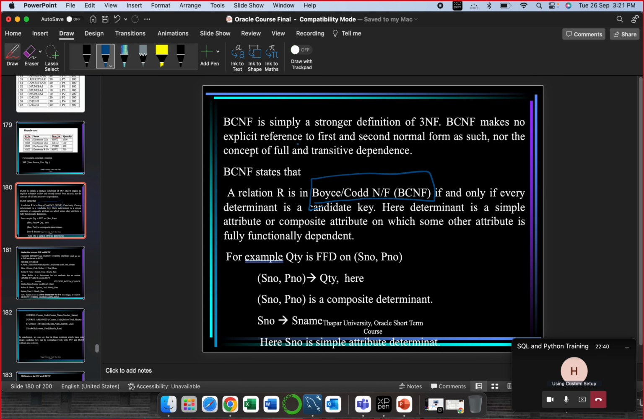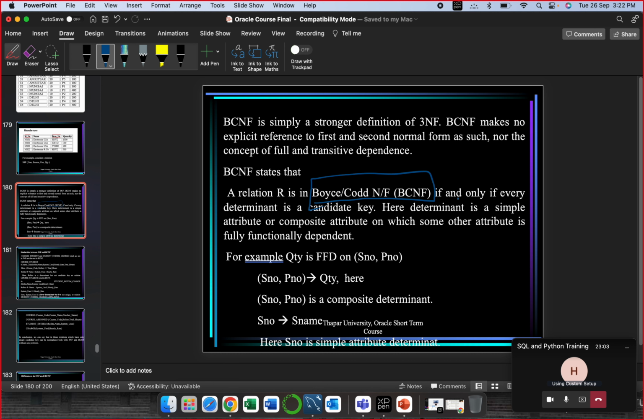So BCNF makes no explicit references to first and second normal form as such, nor the concept of full and transitive dependence. It doesn't need that the data should be in first or second normal form, and it doesn't rely on the concept of full and transitive dependence.